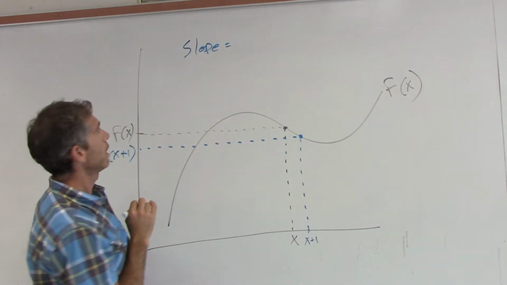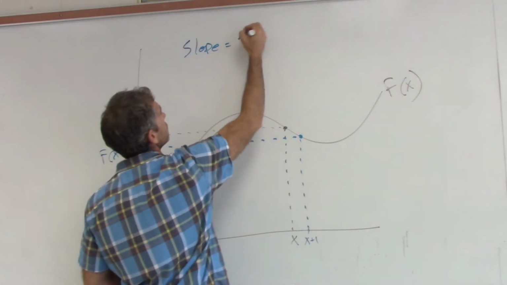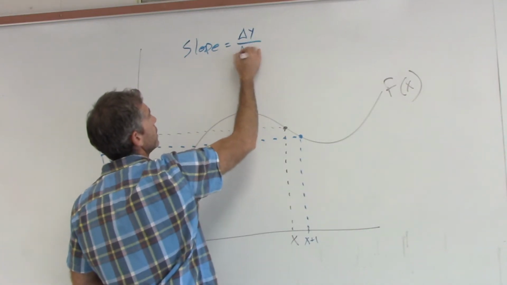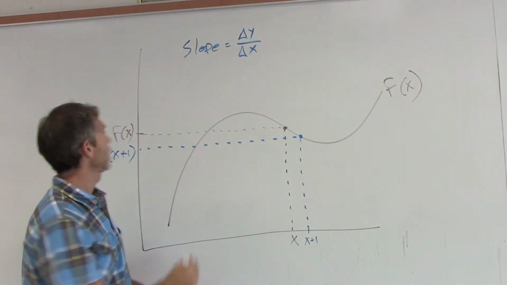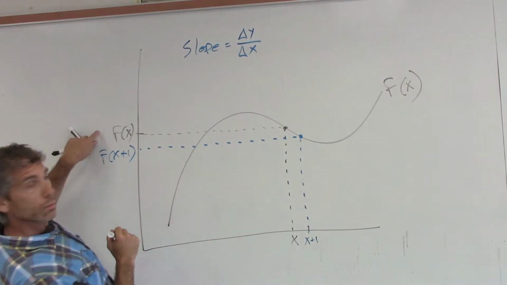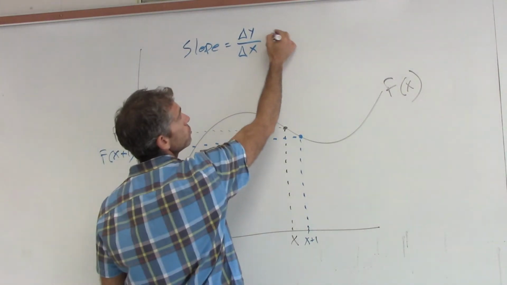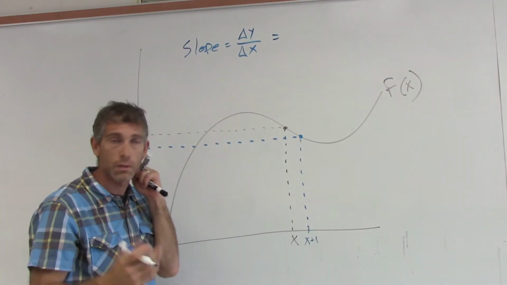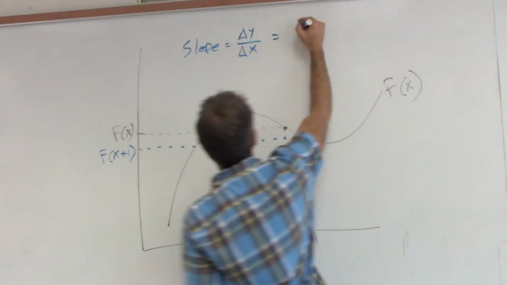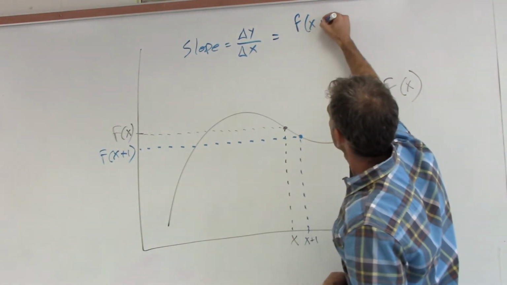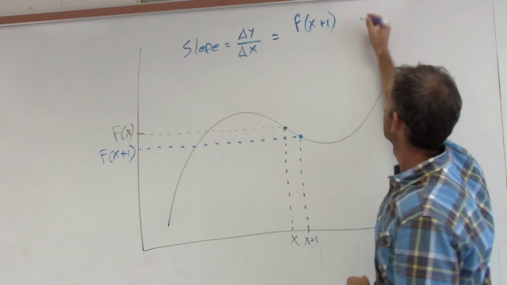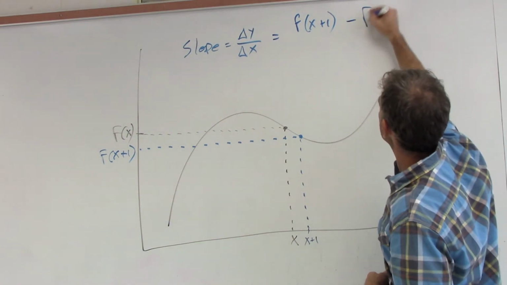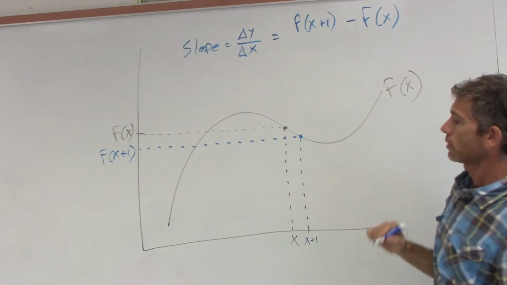Slope is a change in y values divided by a change in x values. And in this case, these are your y values. When you use the function, you get the y value. So we have whatever the function value is at x plus 1 minus the function value at our original.